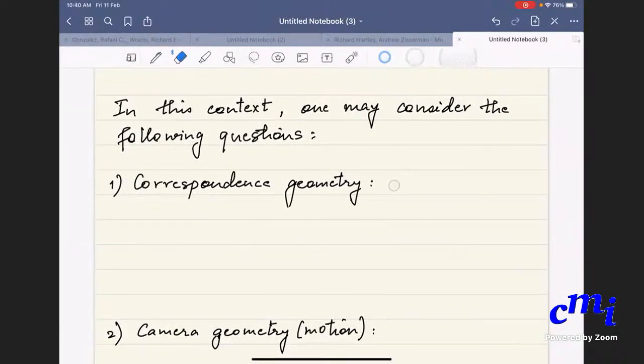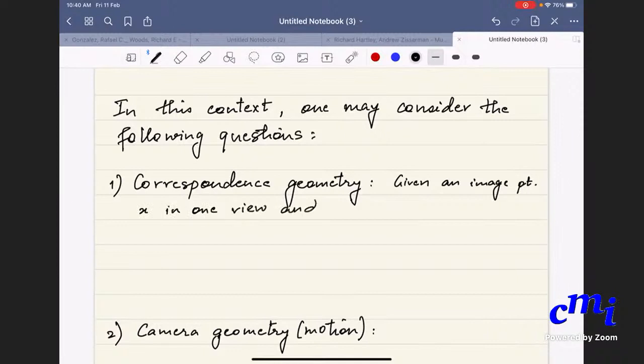Suppose you are given an image point, say small x, in the first view.